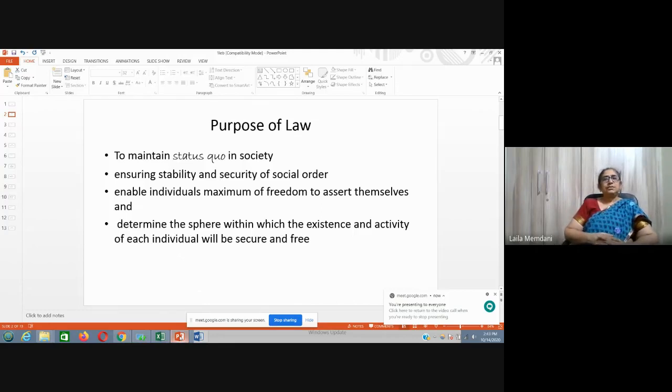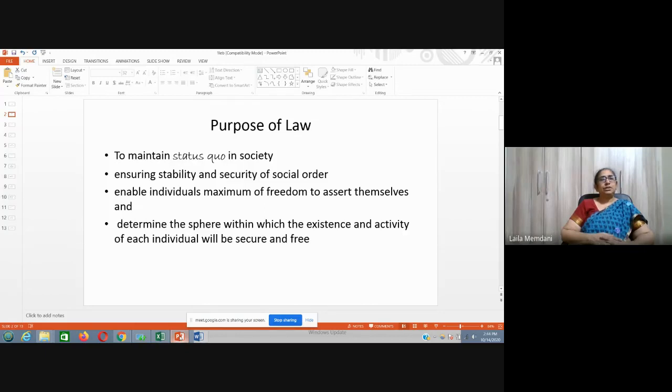Now, the question is, what is the purpose of law? The purpose of law is to maintain status quo in the society, that is, to maintain the society, see that there are no disturbances, to maintain peace and order, then to ensure stability and security of social order.